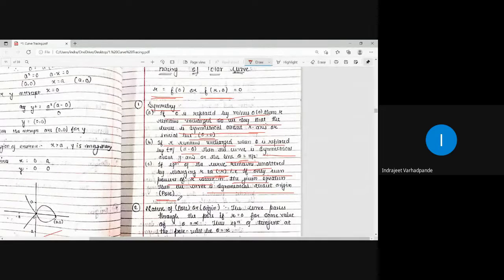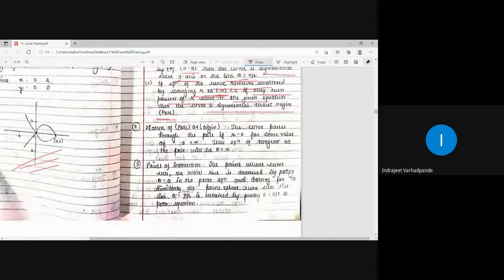So accordingly, if theta is replaced by minus theta, it is unchanged. If theta is replaced by pi minus theta, it is unchanged, symmetrical about the y-axis. But about the origin, if I have to check, I have to replace r by minus r. Once that replacement is done, accordingly the curve is symmetrical about the pole, that is the origin.